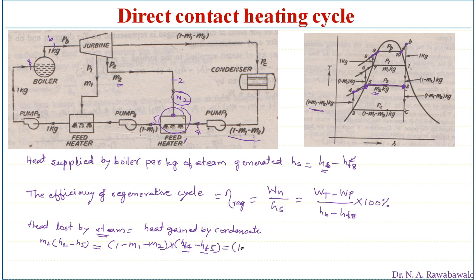But in some cases, this is written as 1 minus M1 minus M2 into HF5 minus HF3, where the pump work is neglected. If the pump work is neglected, 4 is equal to 3 and sensible heat is added from 3 to 5.